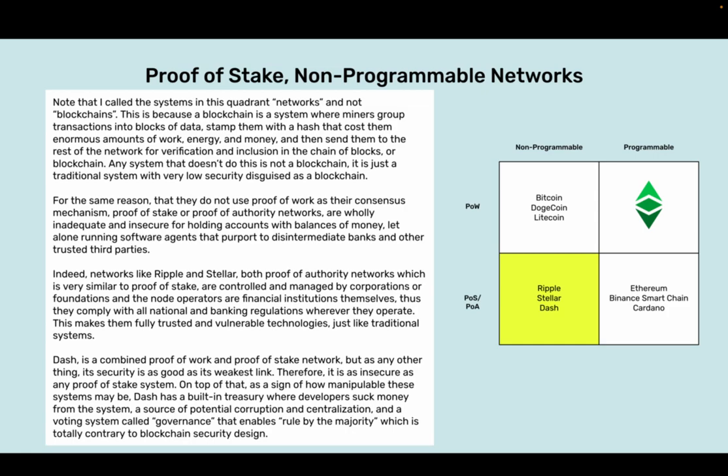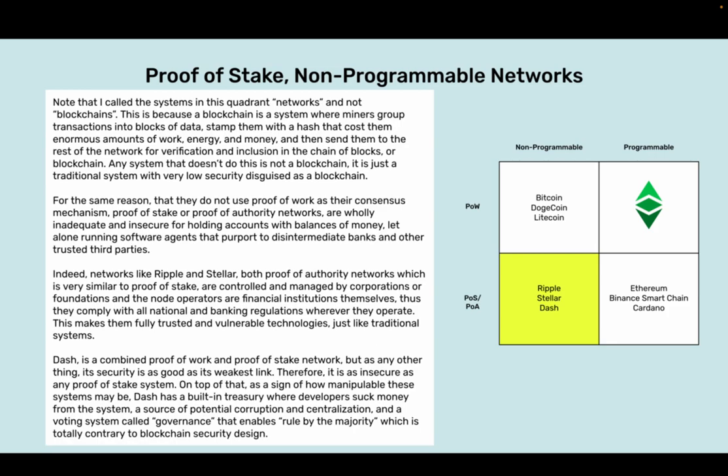Indeed, networks like Ripple and Stellar, both proof of authority networks, which is very similar to proof of stake, are controlled and managed by corporations or foundations, and the node operators are financial institutions themselves. Thus, they comply with all national banking regulations wherever they operate. This makes them fully trusted and vulnerable technologies, just like traditional systems.